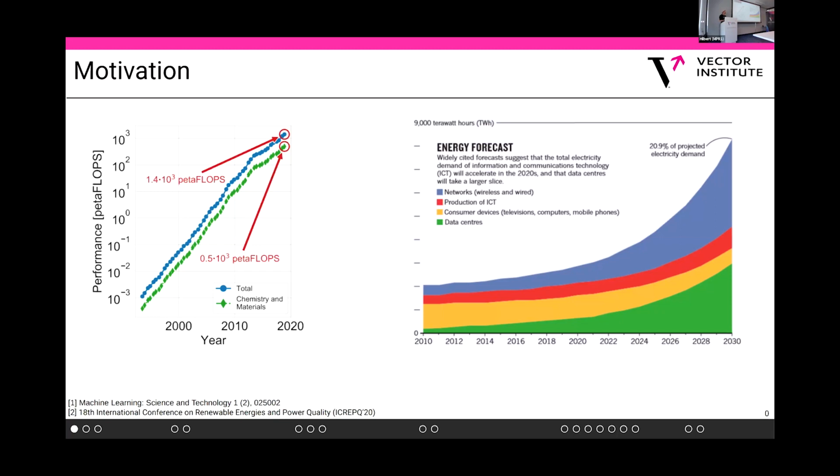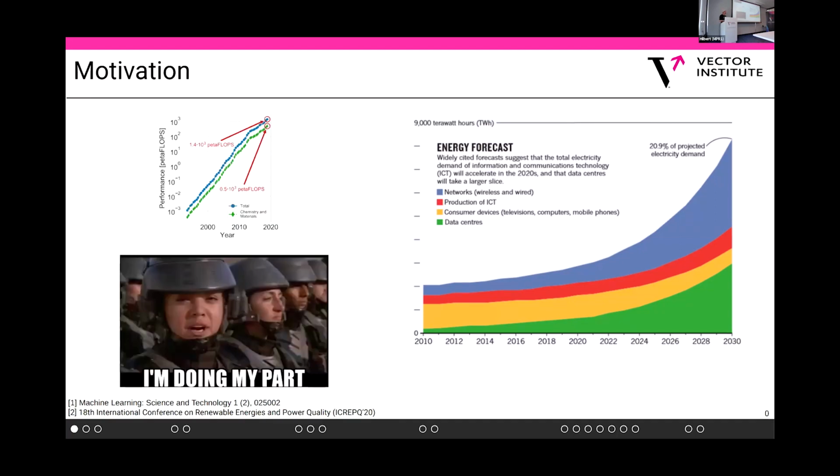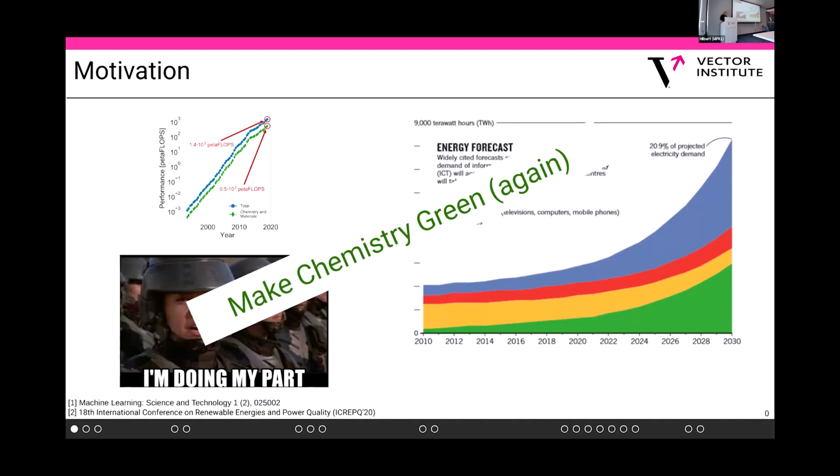So we see the energy we need will increase and also the cost, partly because of the Ukraine war or whatever, but the cost increases. So I want to do my part, and I want to try to optimize or minimize the training data, and so the cost, while maintaining accuracy, thus reducing the carbon footprint of chemistry, or in other words, just make chemistry green again.